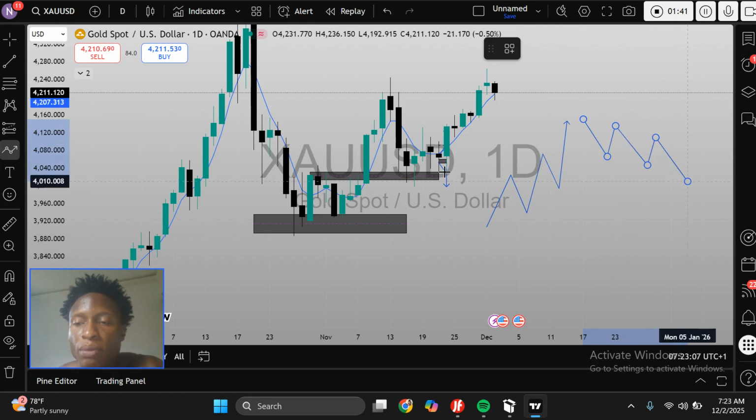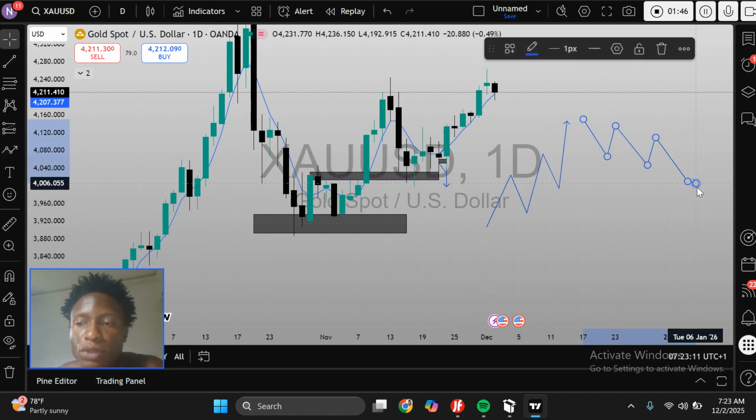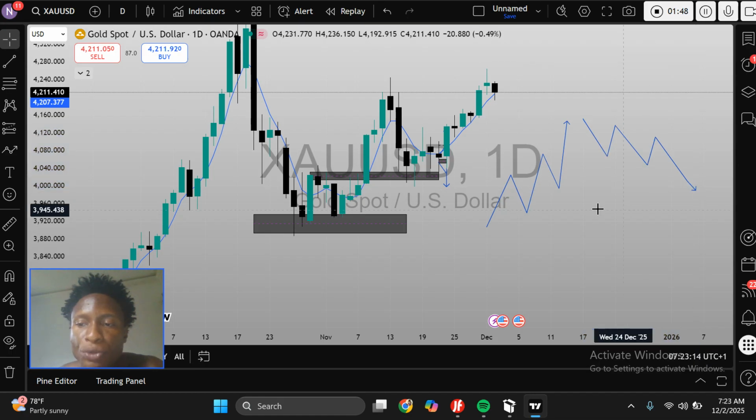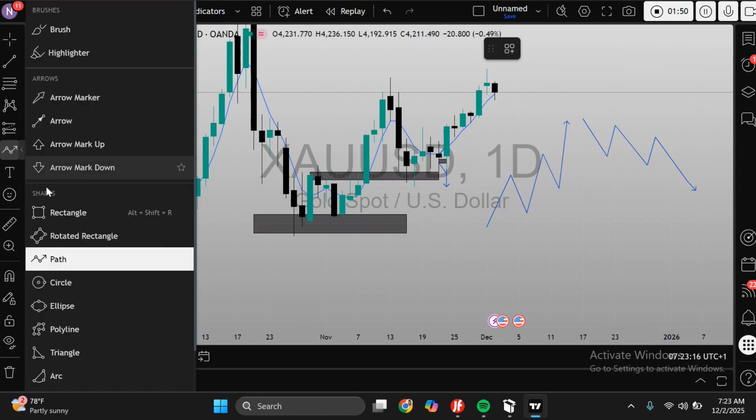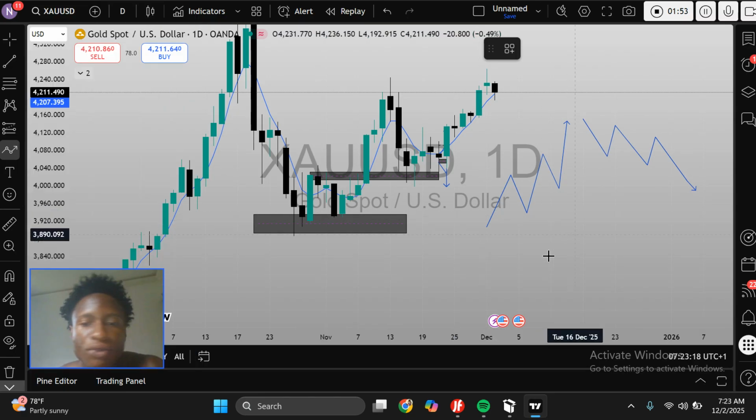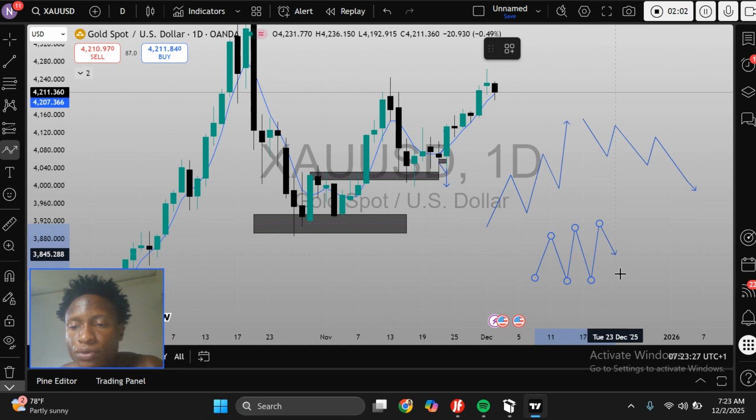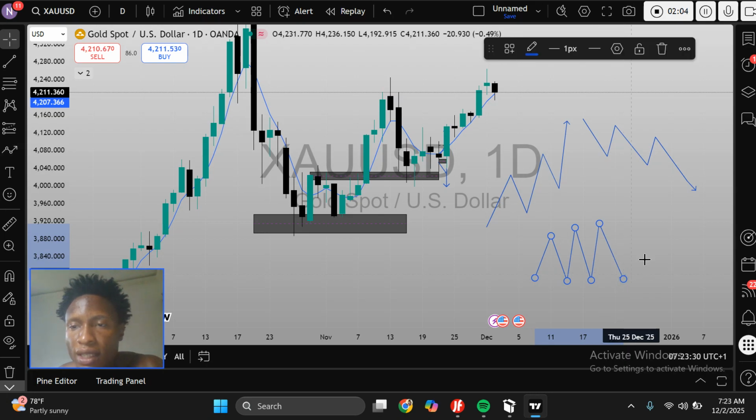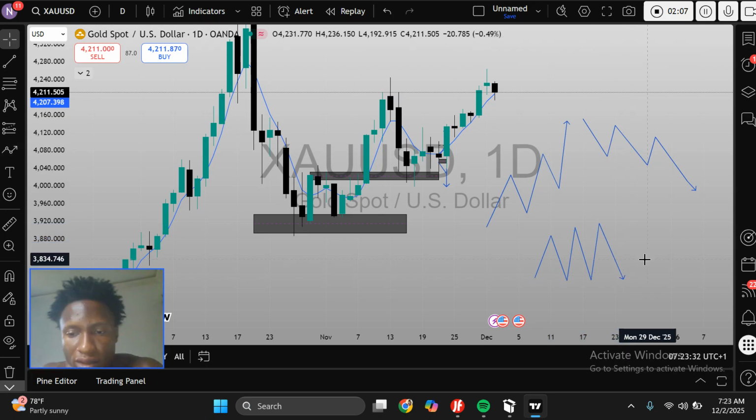Then we spoke about the last trend, which is the accumulative trend, which is no trend in general, something like this, a consolidation. Now that I have illustrated the three trends, let me show you guys on the actual chart.